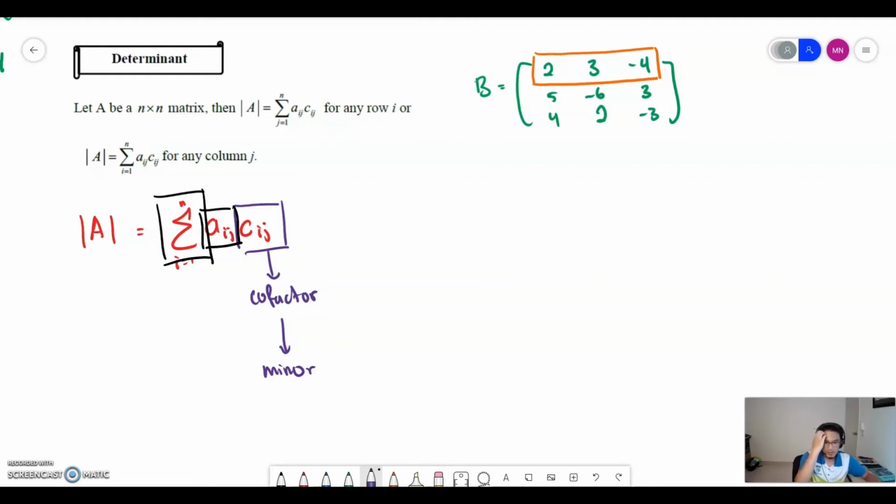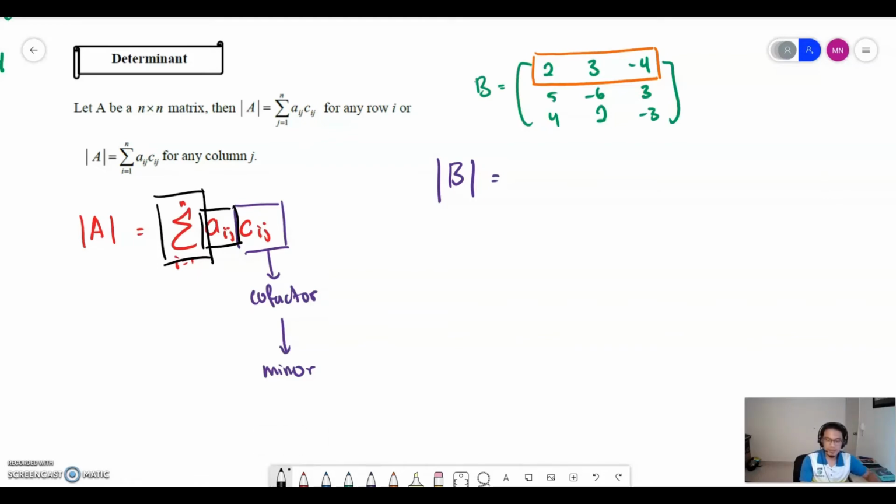In order to find the determinant of matrix B, I write it down with a modulus bracket and make it equal to the summation of A_ij C_ij. So what is A_ij? A_ij is the element from the row that has been chosen.